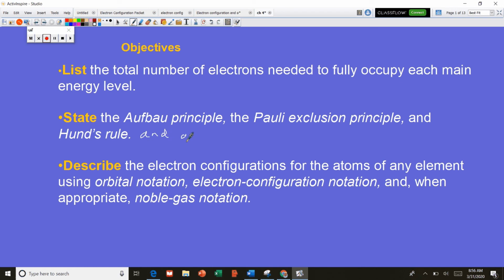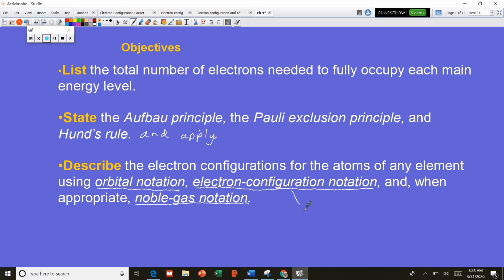So again, we're going to apply these rules. Describe the electron configurations for the atom of any element using orbital notation, electron configuration notation, and when appropriate, noble gas notation.